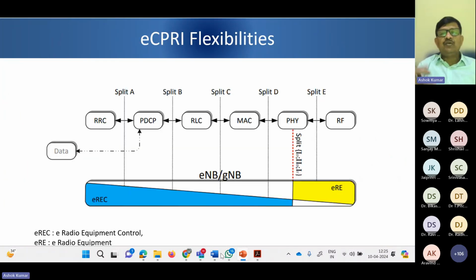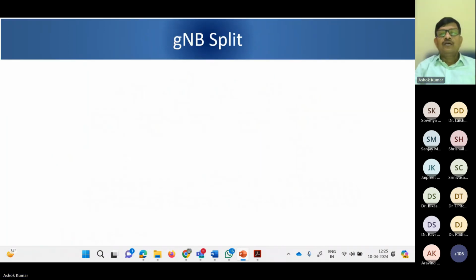So this is a picture of how various splits are possible. Split at every layer is possible in eCPRI, like a split between RRC and PDCP. All these splits are possible, and within the physical layer, you can have multiple splits as required. So eCPRI supports all these splits.